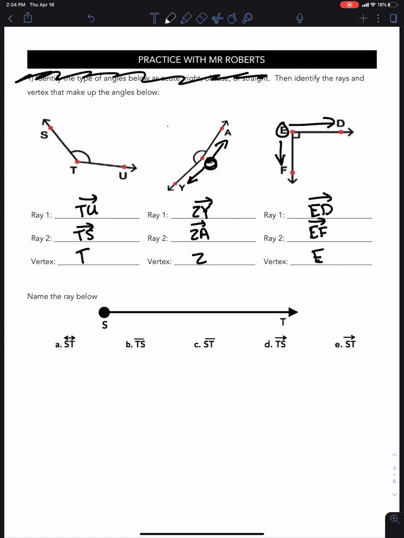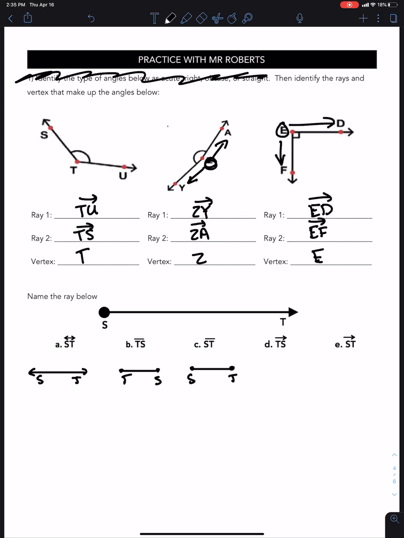If I wanted to name this ray that is shown here, which one would I choose? This is showing a line, so this would actually look like this. Kind of almost close, but it's a line going in both directions. This is showing a line segment. This is showing another line segment.